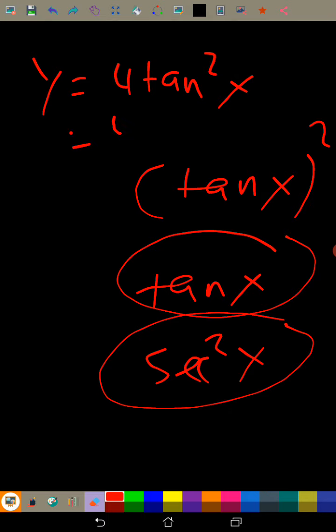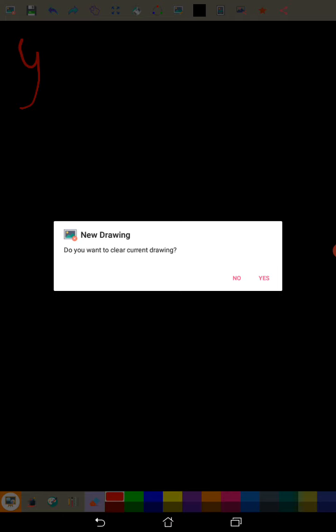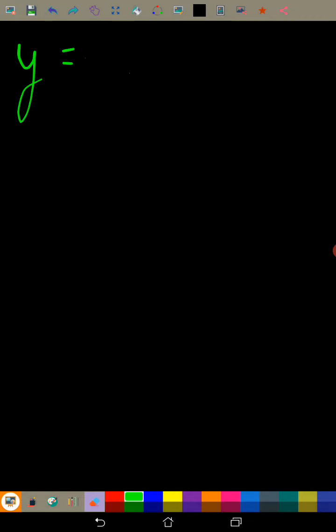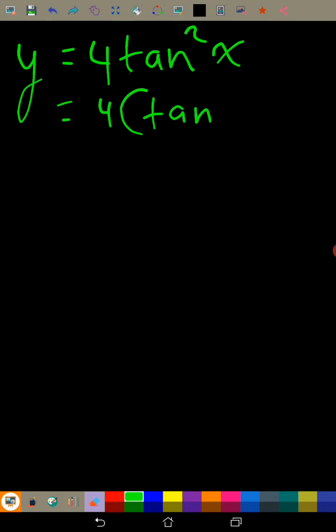Let's rewrite it then. Y is equal to 4 tan x squared.